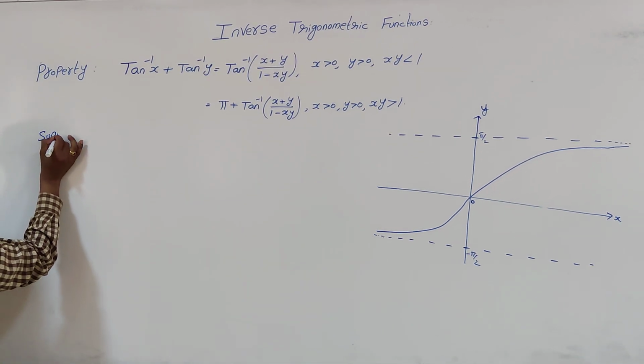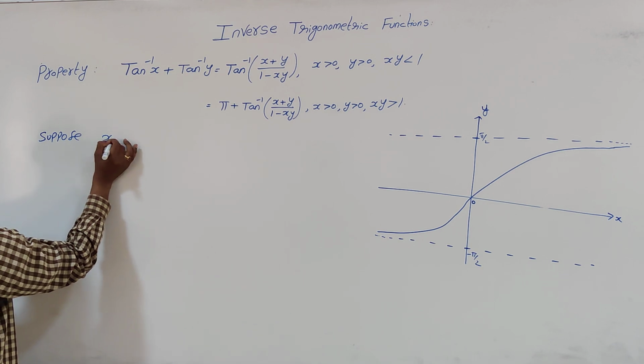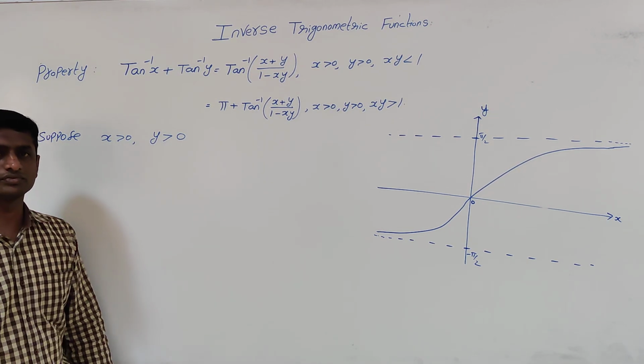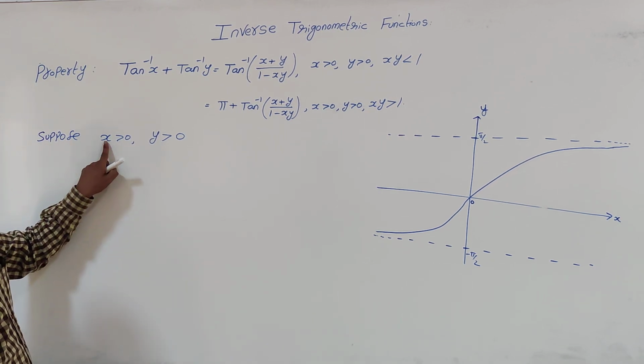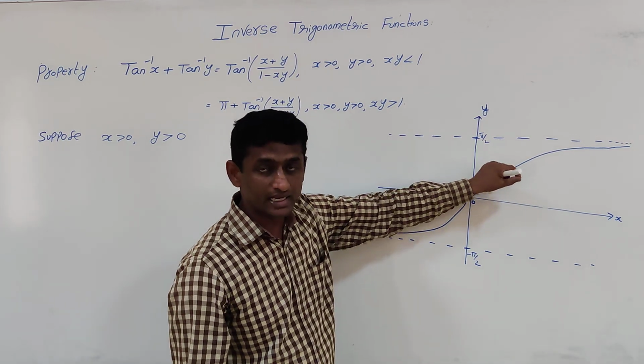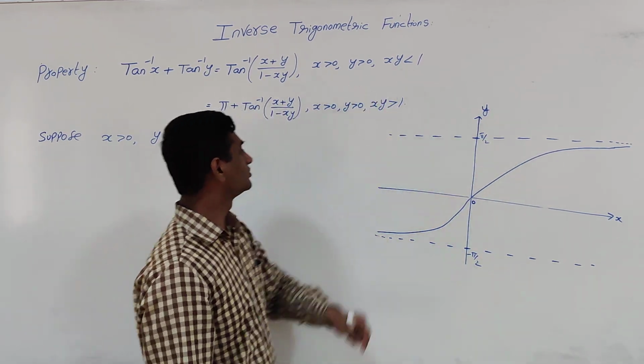Suppose x is greater than 0 and y is another real number which is greater than 0. Then if x is greater than 0, tan inverse of x is an angle that lies between 0 to pi by 2.